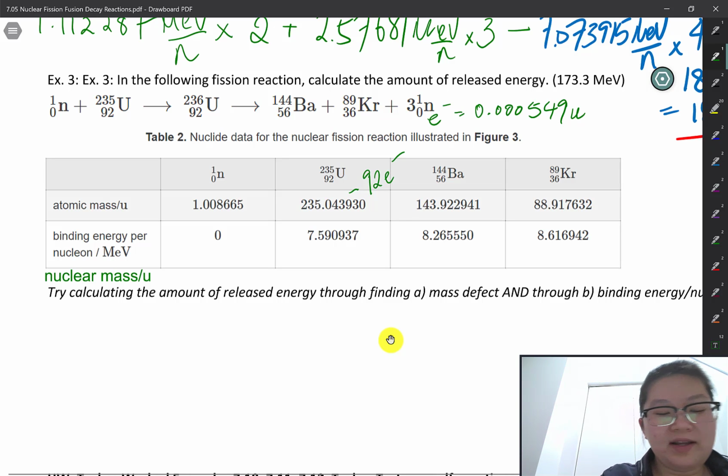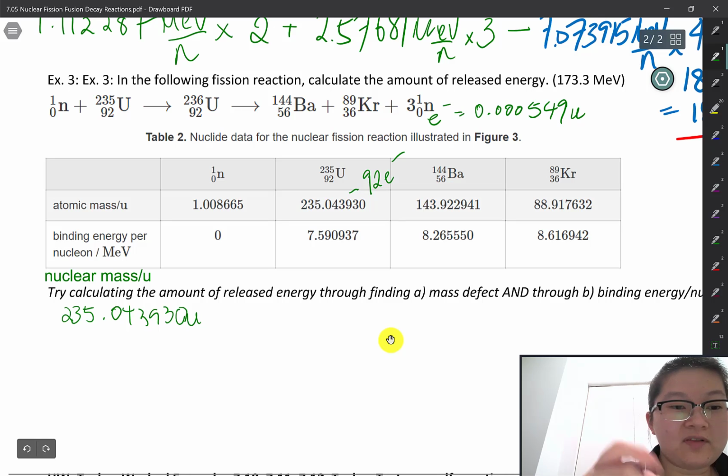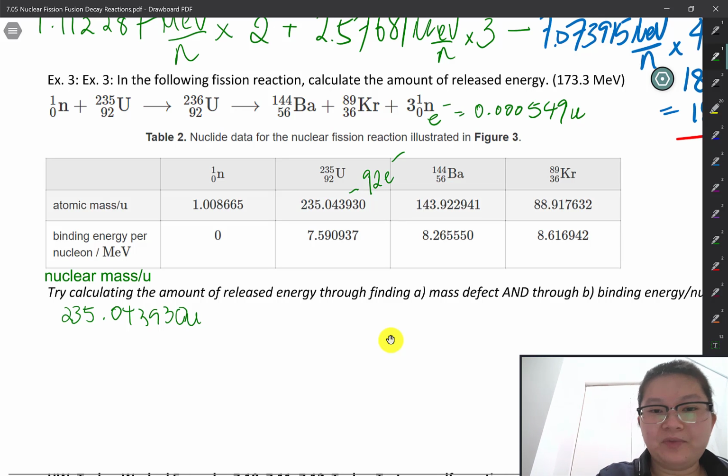Actually, I'm going to do one example down here so you know what I'm doing. So I'm taking 235.043930 atomic mass units. That is the atomic mass of this uranium-235.